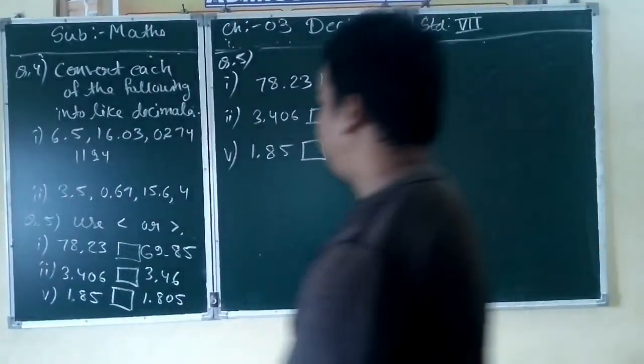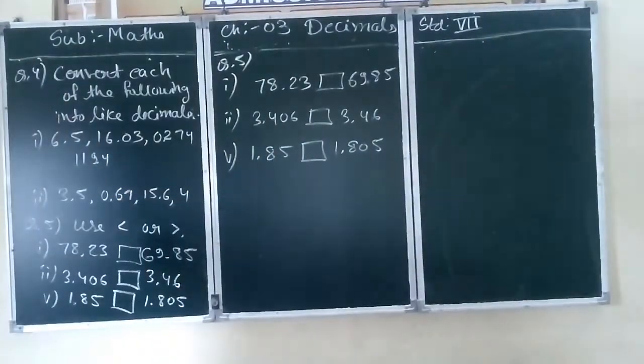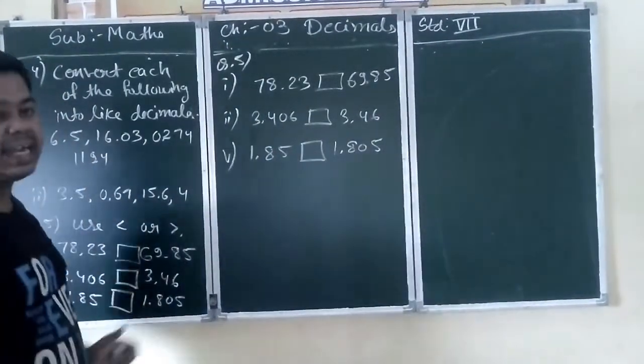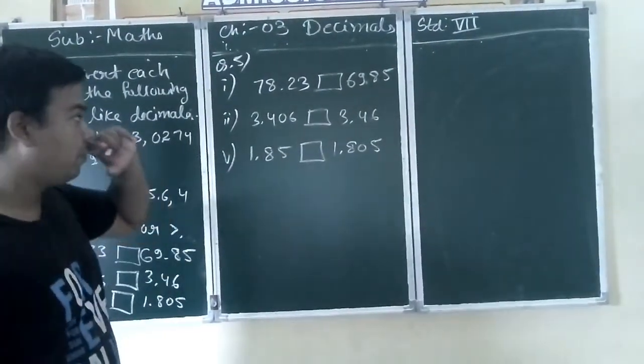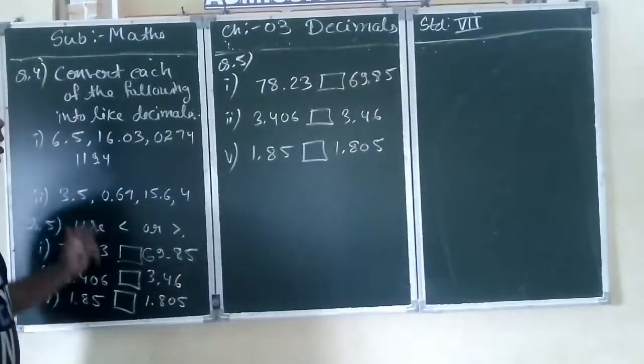Question number 5. Here we compare which decimal number is greater, smaller, or equal.